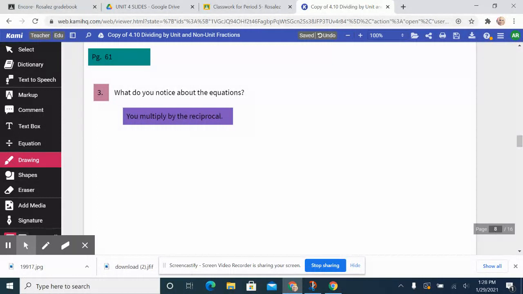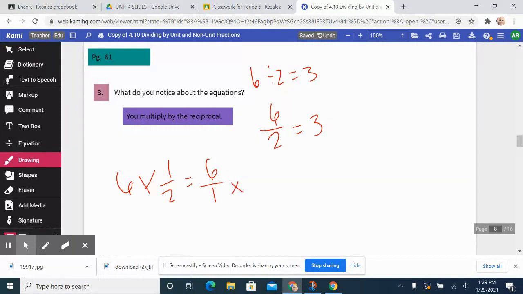Now I'm going to show you a quick, easy example to show you what we're talking about. 6 over 2 means 6 divided by 2. That makes 3. I could have written it like that, or like that. Regardless, you get 3. Now 1/2 is the reciprocal of 2. So if I did 6 times 1/2, I work it out, 6 over 1 times 1/2. 6 times 1 is 6, and 1 times 2 is 2.